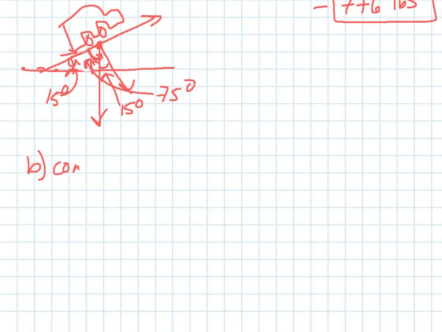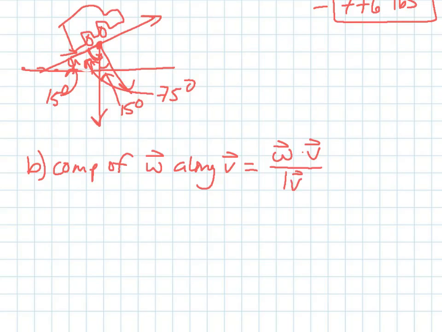Letter B wants the component of W along V. Okay? Same thing. We could use that calculation formula that we've been talking about, or we can use this one since we do have this information. Like I was saying, V's force is at an angle of 15 degrees in between your two vectors.